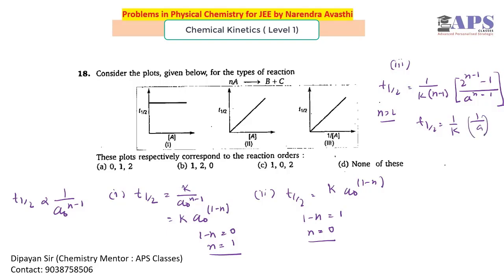Now it is clear that the third graph is a y equal to mx graph, and order of the reaction will be 2. So for graph 1, the order of the reaction is 1. For graph 2, the order of the reaction is 0. And for graph 3, the order of reaction is 2. Hence, for question number 18, option C will be the correct option.